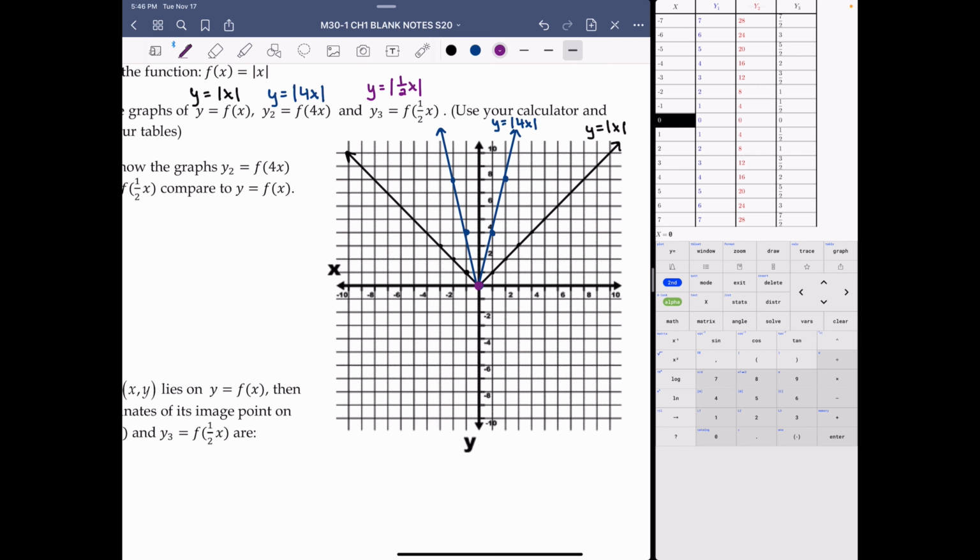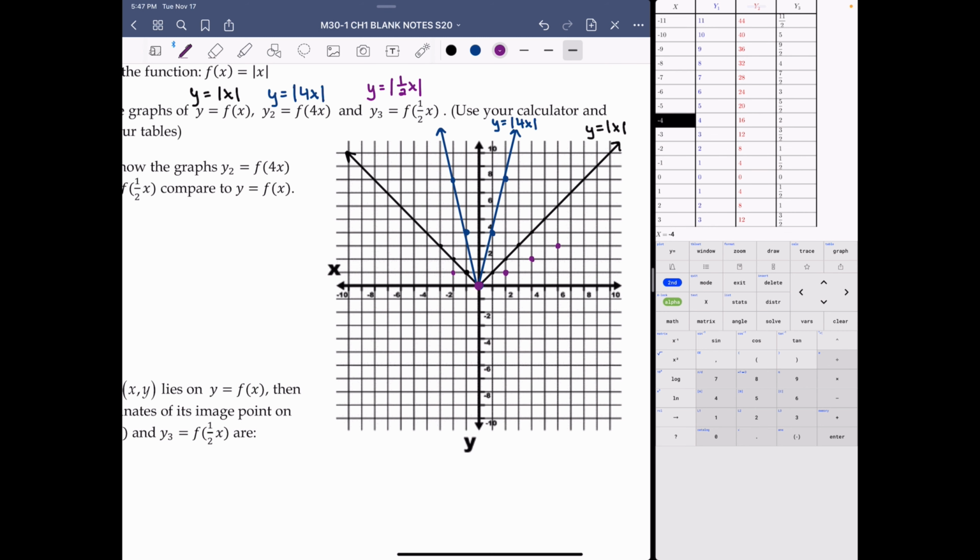Going to do the y values that are whole numbers. So if I go down, when x is 2, y is 1. Go down some more. When x is 4, y is 2. And when x is 6, y is 3. Then going in the negative direction, when x is negative 2, y is 1.